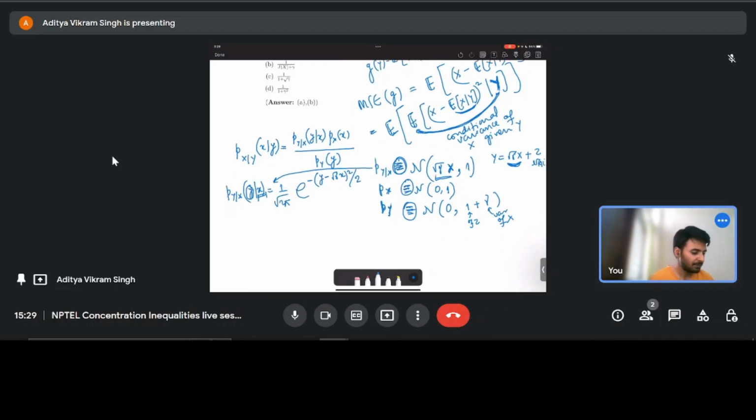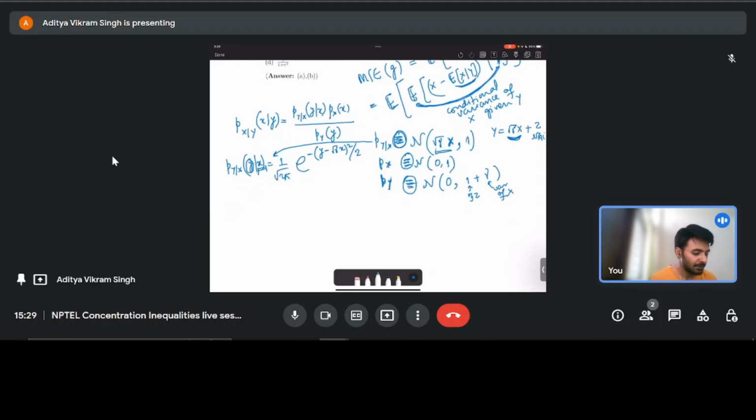And similarly you can write it for p of x and p of y, and based on that what you will see is that p of x given y is also a normal random variable, with some mean, and the variance would be 1 by 1 plus gamma.